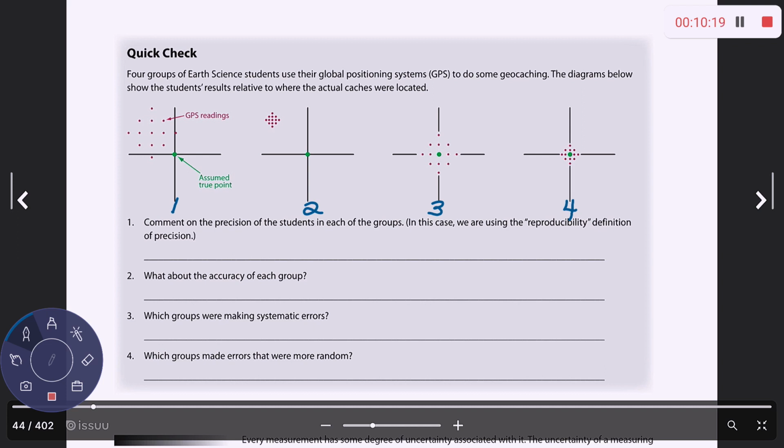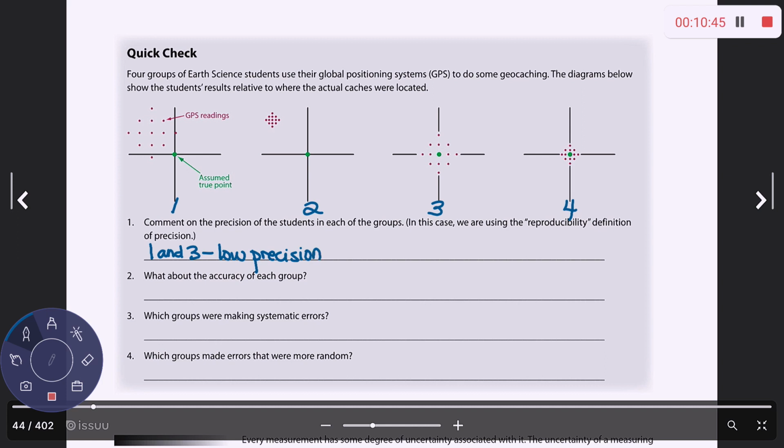And let's comment on how precise the measurements are in each of the groups. So if you take a look at groups 1 and 3, for instance, precise measurements, you want them to be close together. Are they close together in 1 and 3? No. So I would say 1 and 3 would be low precision.